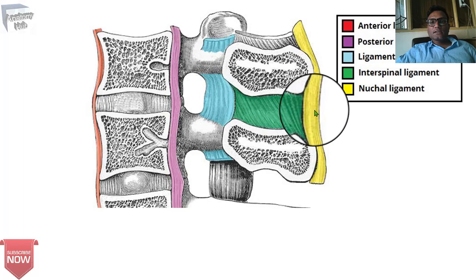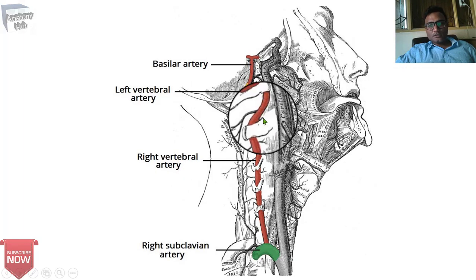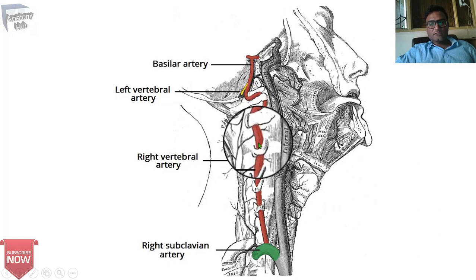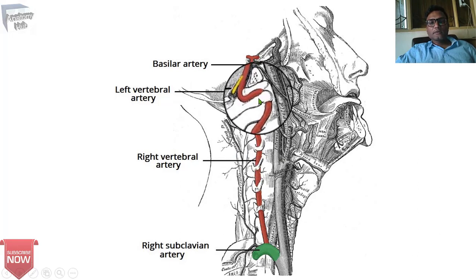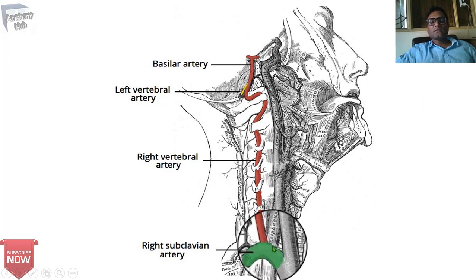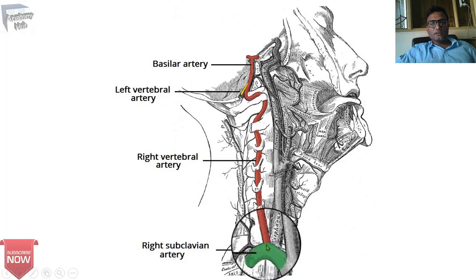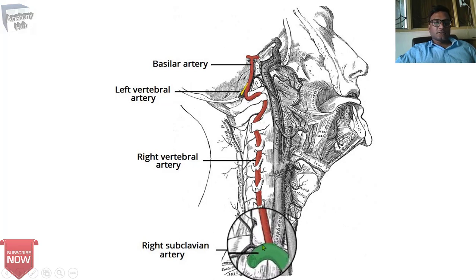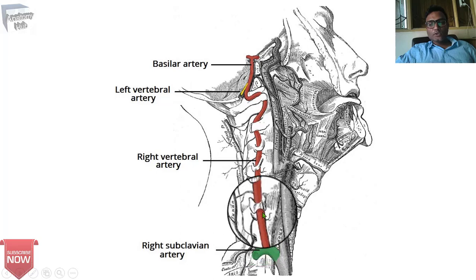Like that, here you will find the relation of the cervical vertebrae, where the foramen transversarium is over here. And here you will find the right subclavian artery, one of whose branches, the vertebral artery, sprouts out from this subclavian artery and ascends upward.